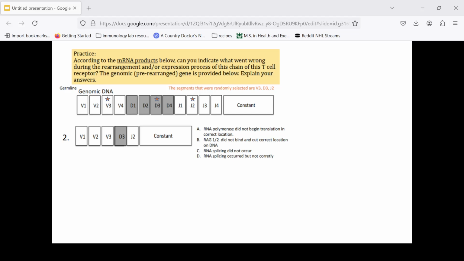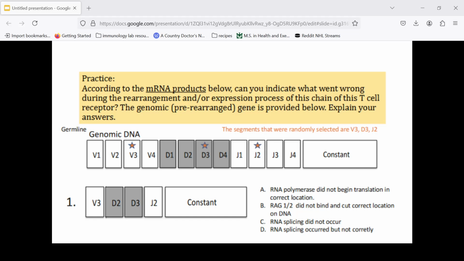RAG1 and RAG2 did fine because we have the correct V3, D3, and J2. RNA splicing did occur correctly because our J's are gone. Okay. How about this one?